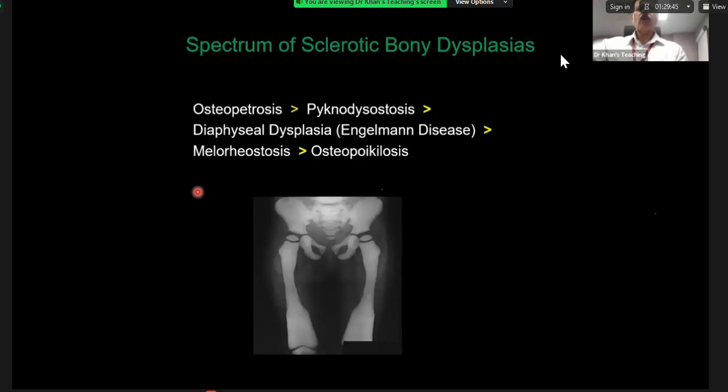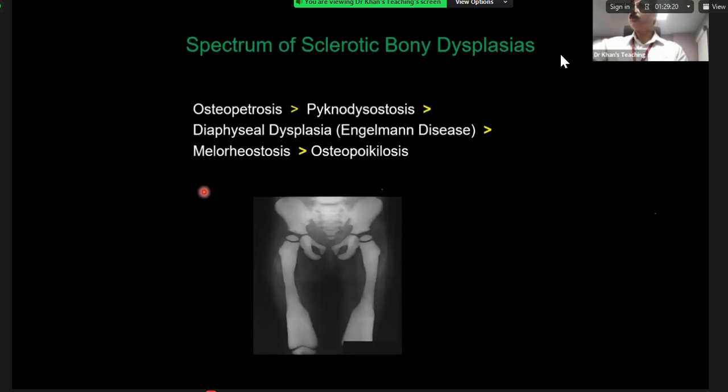Osteoblasts produce bone, and the osteoclasts then remodel it. When osteoclasts have got some issues, maybe in number or their function, you can get bony dysplasias in which there is sclerosis of bone.